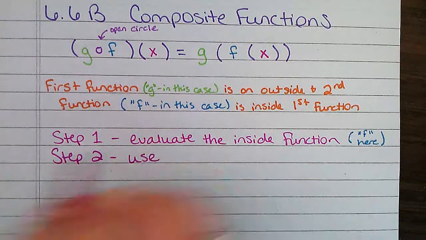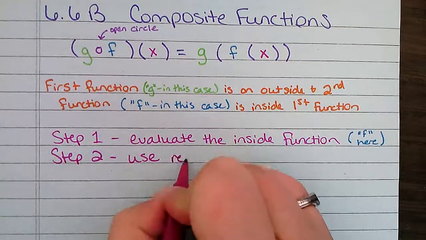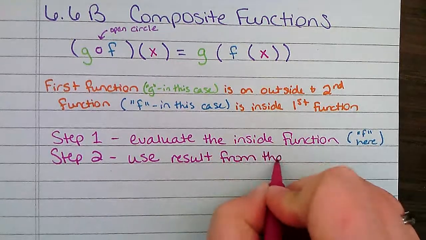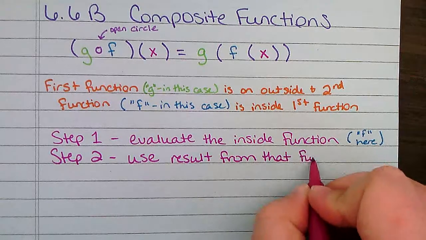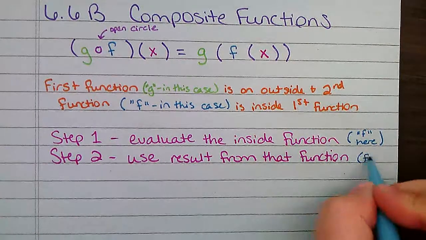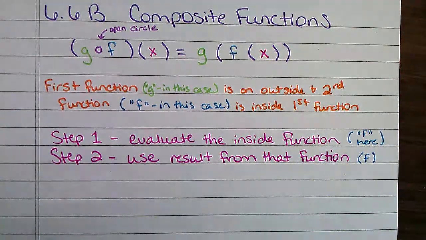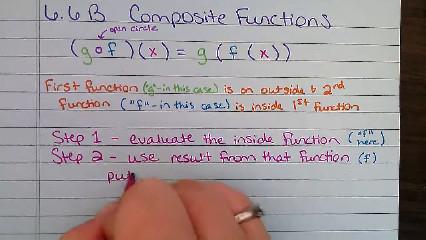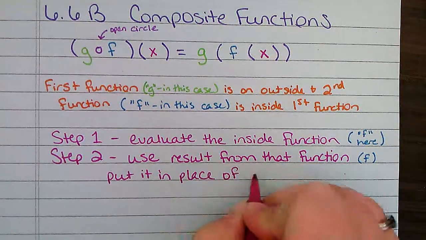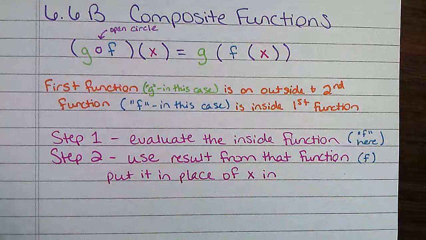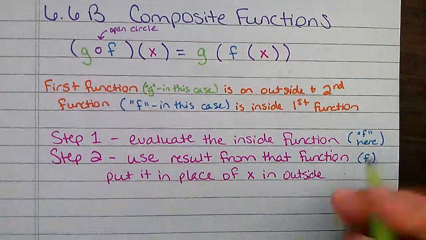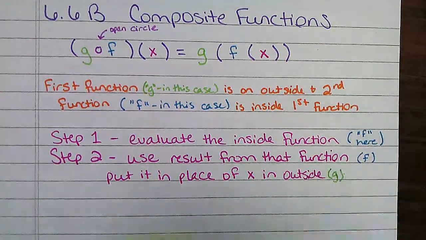Step two is to use the result, or the answer, from that function, so whatever number that gives you, from that first function, remember our first function here is f, and we will take that number and put it in place of x in the outside, in this case g function.